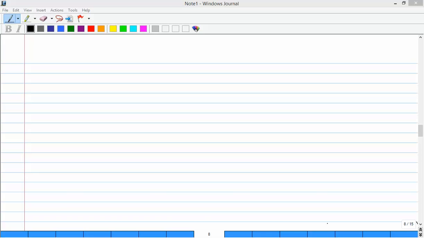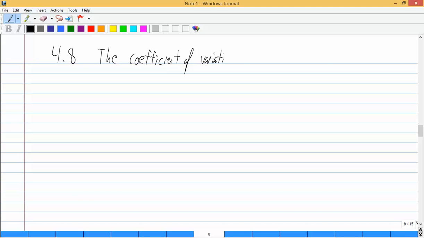Although this next section is less than a page, there's a very important statistical measure in 4.8, and it is the coefficient of variation. Or you may see it abbreviated capital C, capital V. Okay?